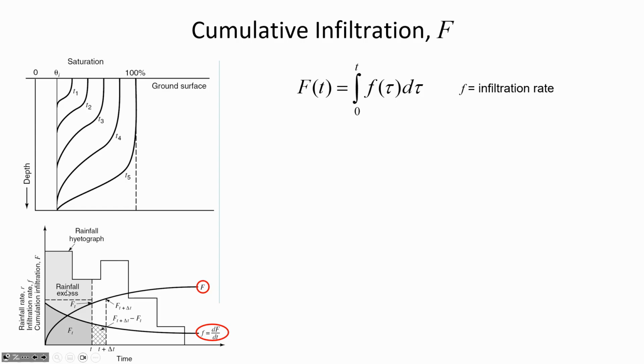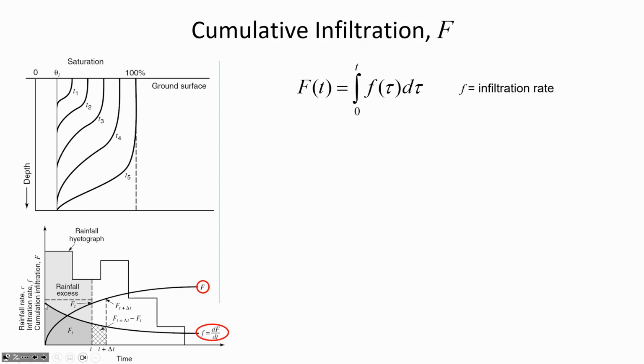And they've overlain these infiltration rate on top of a rainfall hydrograph. So the rainfall hydrograph is saying what is the infiltration rate versus what is the precipitation rate. So how many inches per hour is the rainfall intensity, and if the rainfall intensity is higher than the infiltration rate, then that's going to be, they're shading it separately, that light gray, they're calling it rainfall excess.